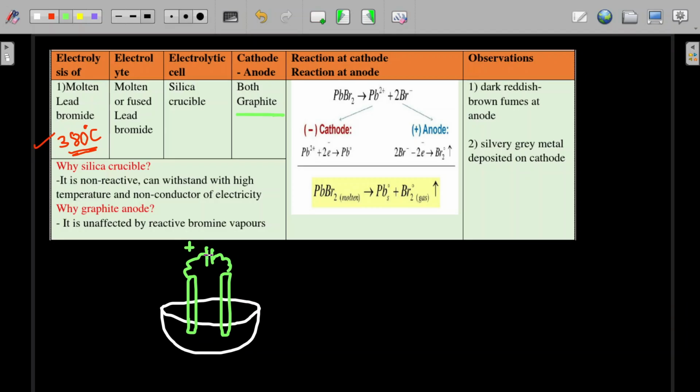The one connected to positive is the anode, and the one connected to negative is the cathode. What is the electrolyte? Molten lead bromide. Do not just write lead bromide. If it is aqueous, write aqueous, but this is molten.